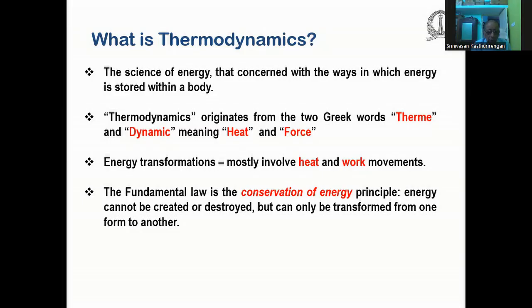Now, there are energy transformations that can happen within the gas molecules, and they can involve heat as well as work carried out by the gas. But basically, the fundamental law is the conservation of energy, namely, energy cannot be created nor destroyed, but only transformed from one state to another.